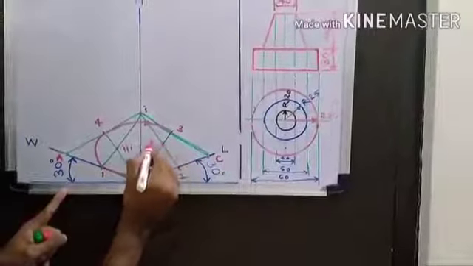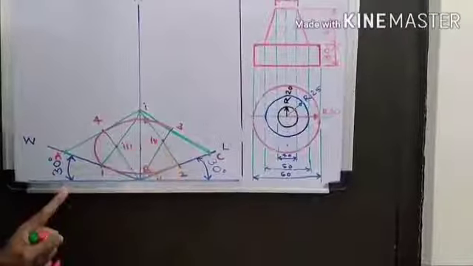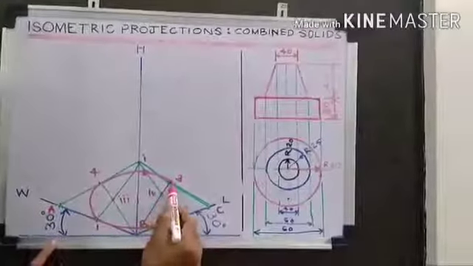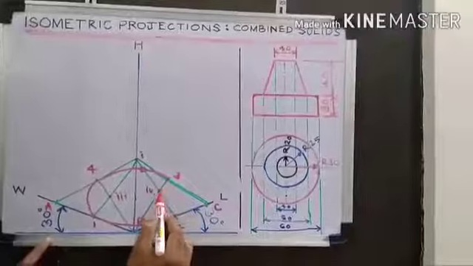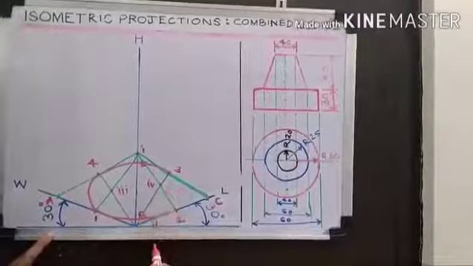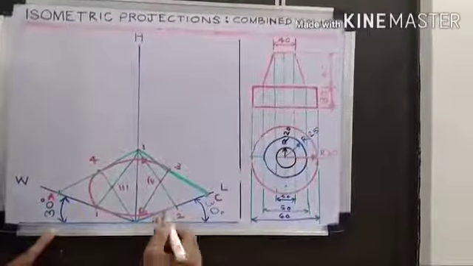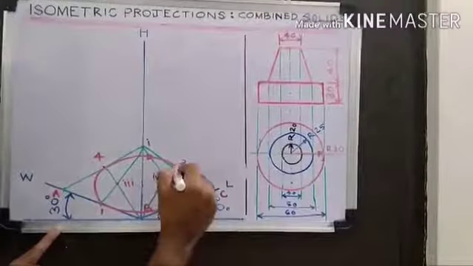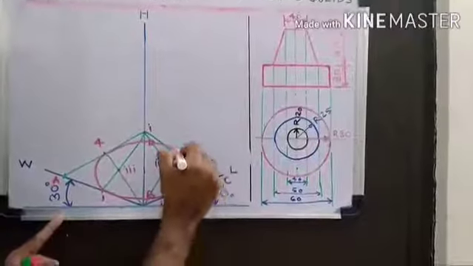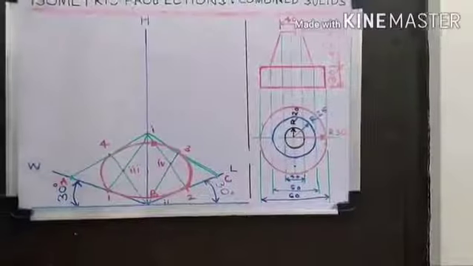Now this is the fourth center. The radius is to 3, and 4 is going to be the center. You have to draw an arc by using a compass between the points 3 and 2. You will get an ellipse.